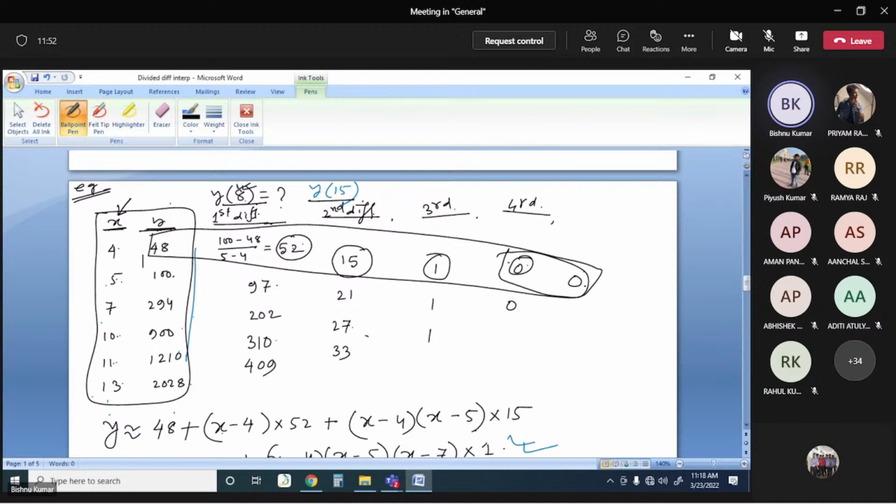But if h is not fixed, how will we calculate the difference table? Because in that formula, h is a very crucial, very important thing. It should be constant.